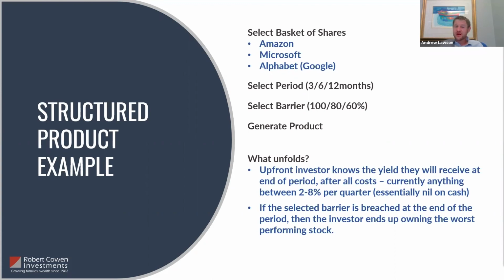And so it becomes quite an attractive product. Obviously, this is sitting much further up the risk curve than cash in the bank or the direct equity portfolio that you would most likely see in your portfolio.